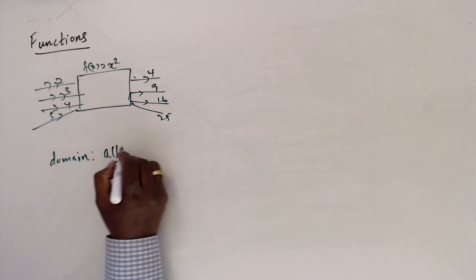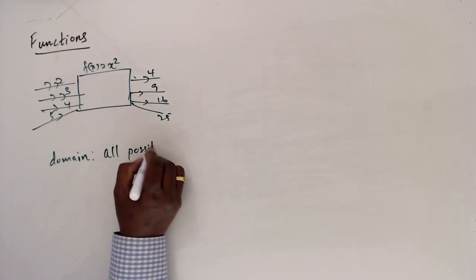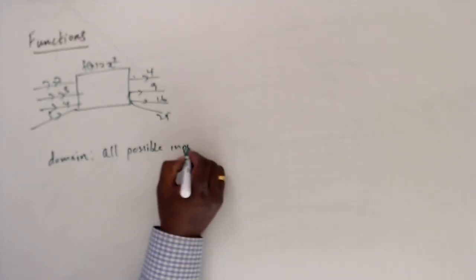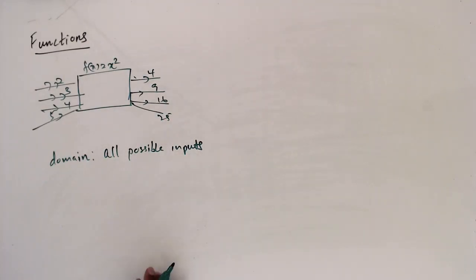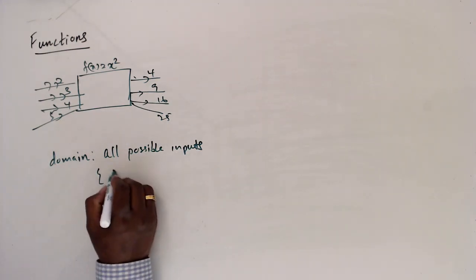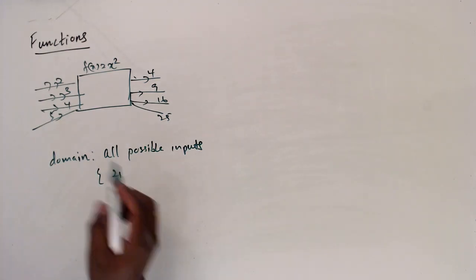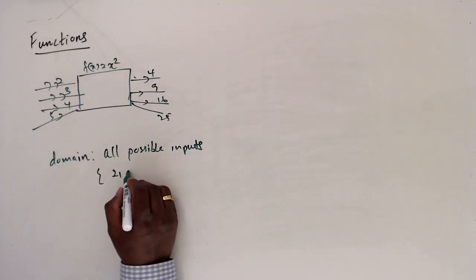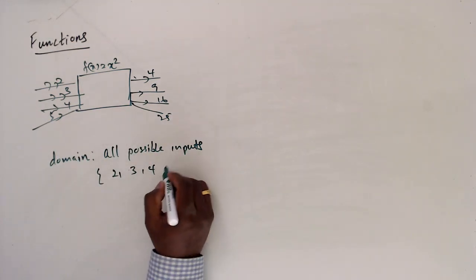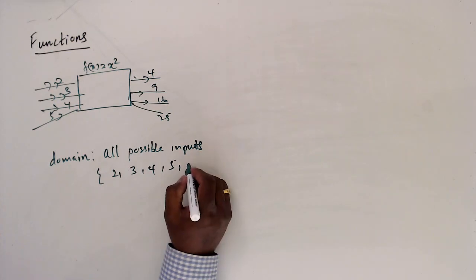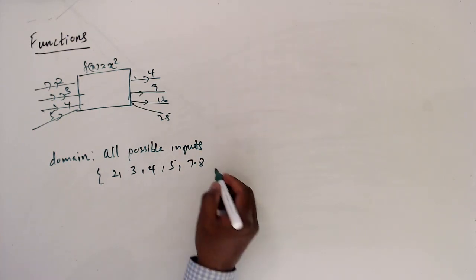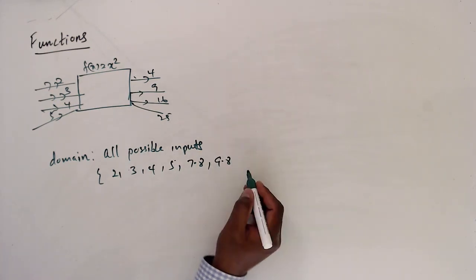Domain, we know, is all possible inputs. So what are all the possible inputs for this one? We can put 2, 3, 4, 5, 7.8, 9.8.